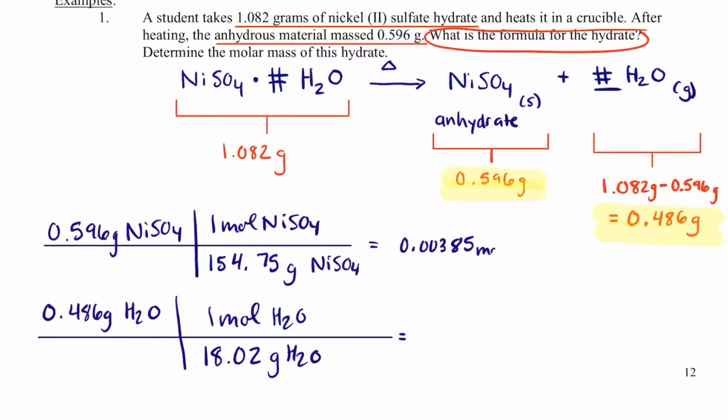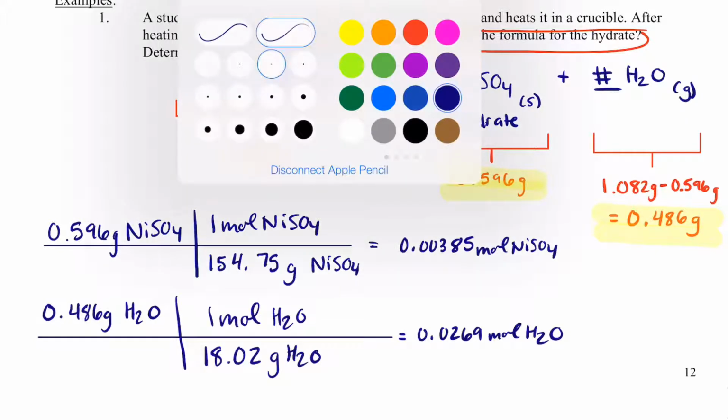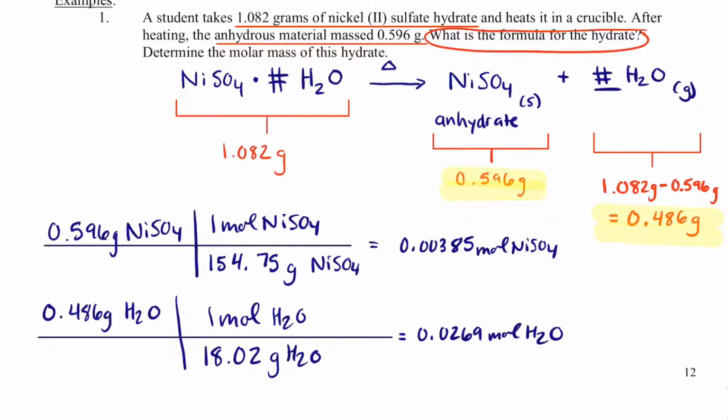The math tells me that I get 0.00385 moles of NiSO4, and then I get 0.0269 moles of water. Now I'm going to look at my numbers, and I'm going to divide by the smallest one, which happens to be the NiSO4. So divide by 0.00385, and then divide by 0.00385.